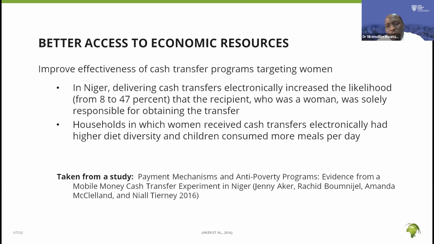And households in which women receive cash transfers electronically also had higher diet diversity and children consume more meals per day. Because when you empower a woman, the woman takes care of the children. She takes care of the home. And these are some of the insights taken from prior studies that help highlight the importance of gender intentionality in the design of financial service products. Next slide.